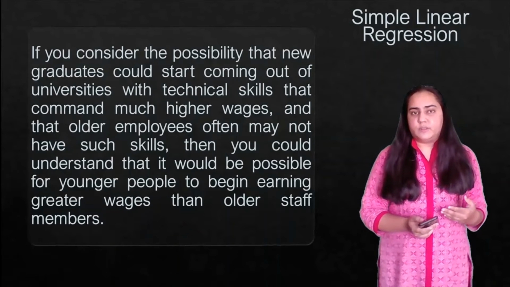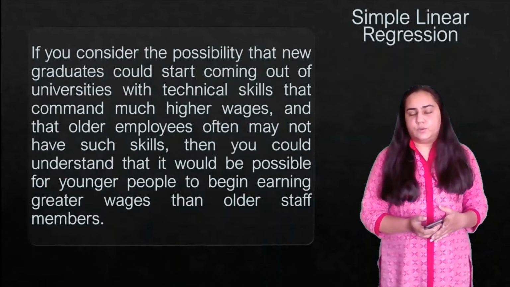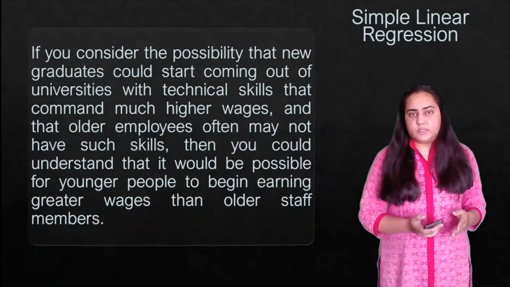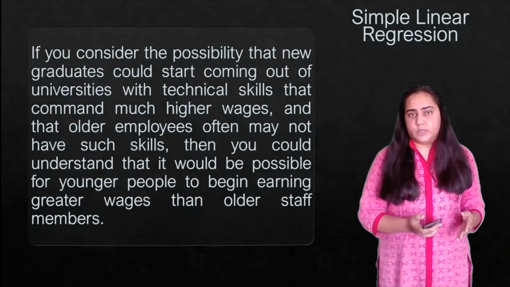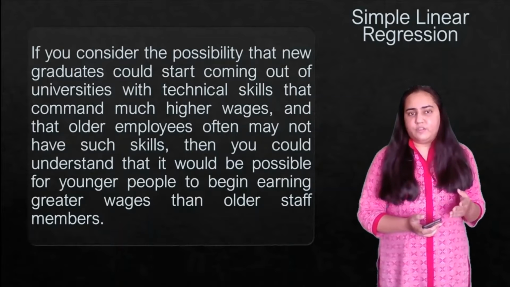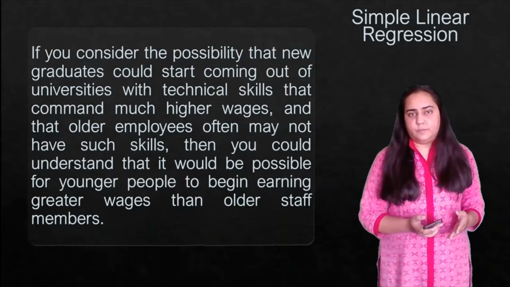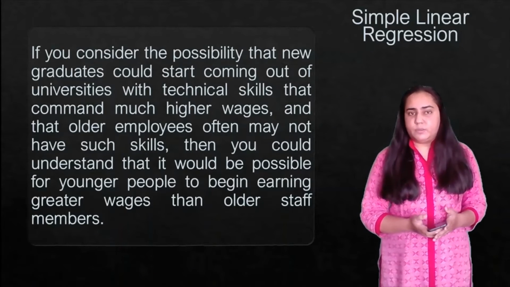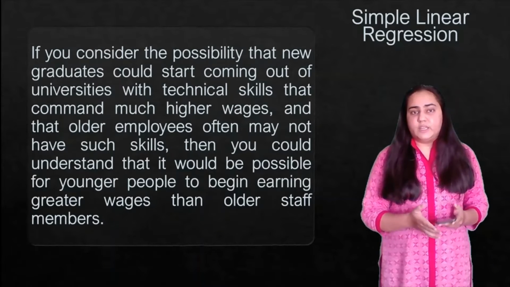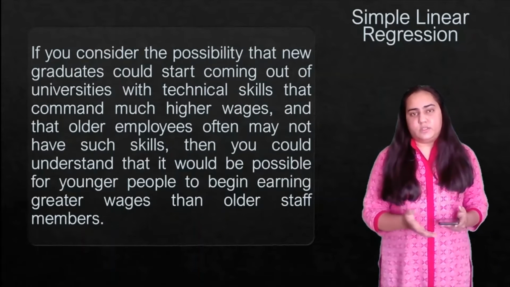So if you consider the possibility that new graduates could start coming out of universities with technical skills and command much higher wages, and the older employees often may not have such skills, then you could understand that it would be possible for younger people to begin earning greater wages than older staff members.